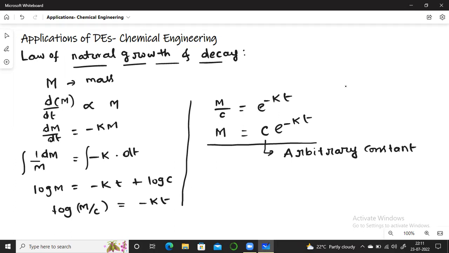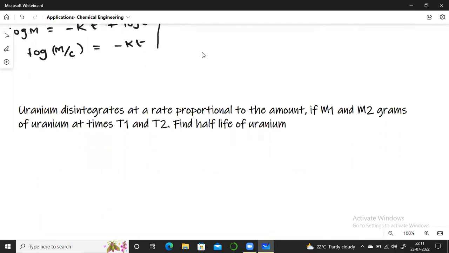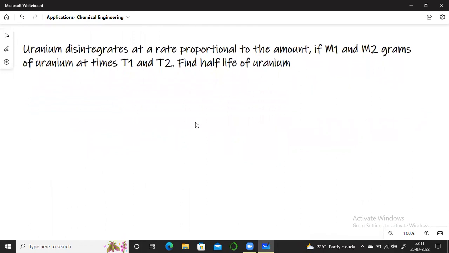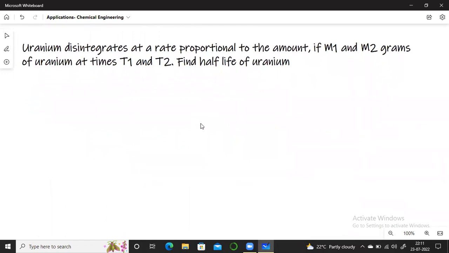So now the same concept of theory we will apply in the problem. The problem is this: uranium disintegrates at a rate proportional to the amount, that is, the mass of the body. If M1 and M2 grams of uranium are present at times T1 and T2, find the half-life of uranium.